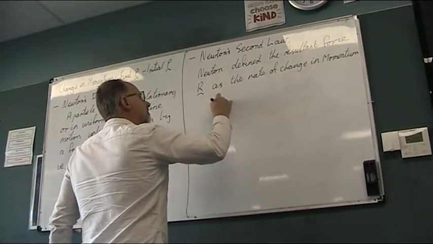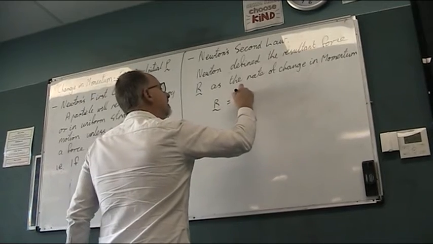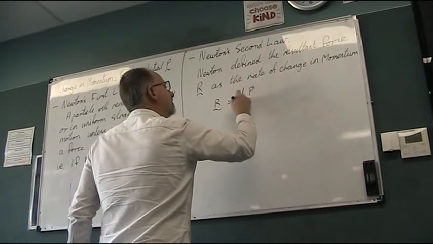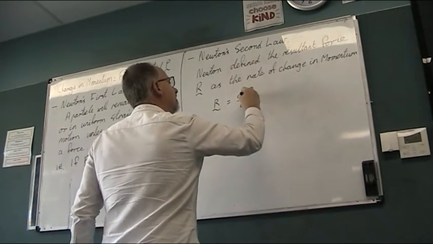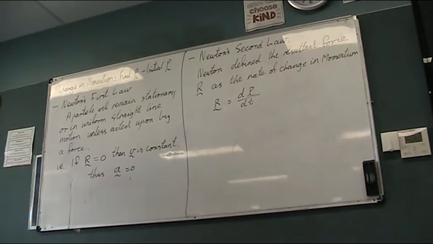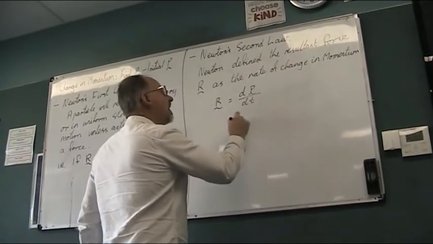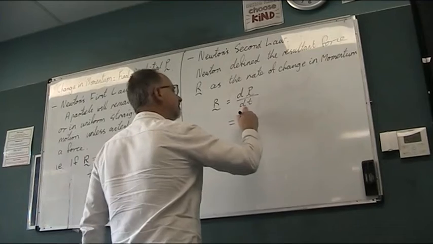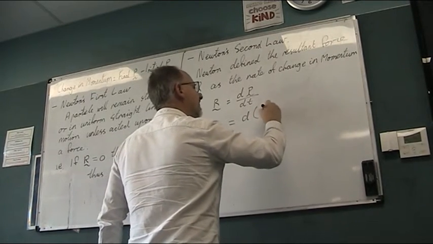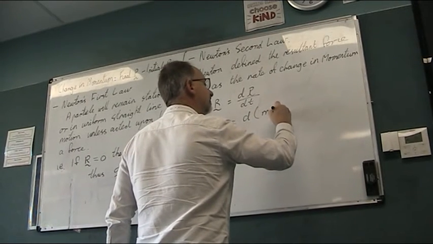So the resultant force is the rate of change of momentum, so dp/dt. Now, of course, momentum is mass times velocity.